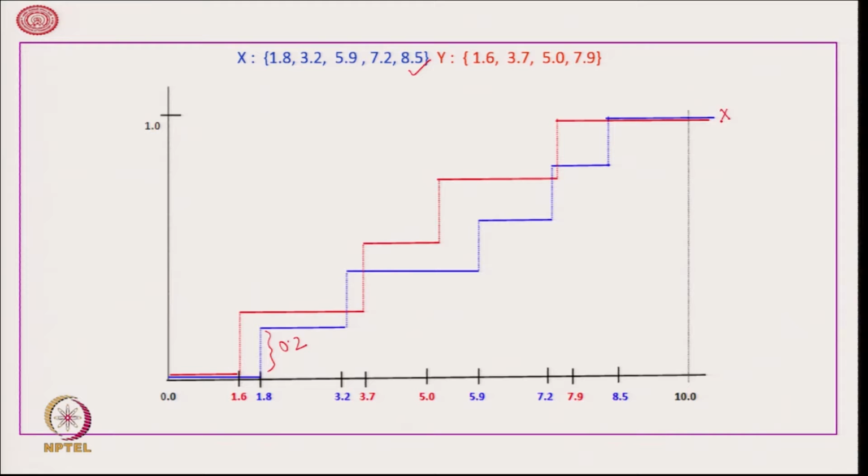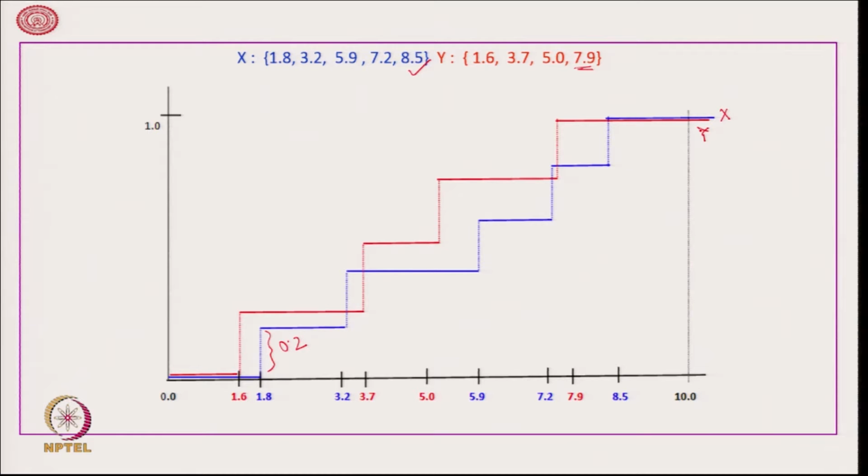Similarly, for y there are 4 sample values, therefore at each step it is raised by 0.25 and after the 4th order statistic it attains the value 1. Now, in front of us we have the 2 empirical distribution functions. Can we say that they are coming from the same distribution?